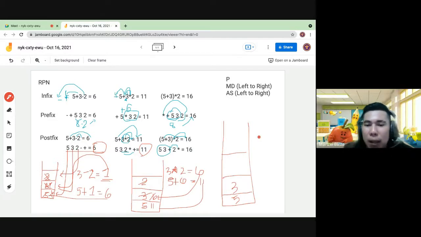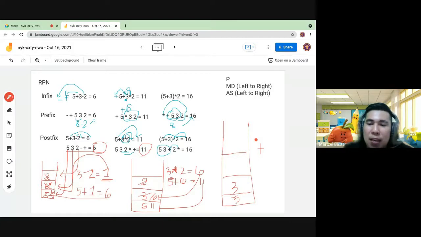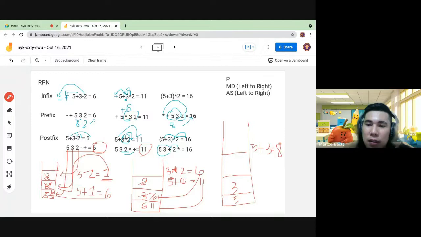Unsay next na basa? Plus, sir. Okay, plus. What will happen then? So 3 and 5. What's the result of 3 and 5? 8. So remove na ni siya, i-push nimo balik si 8, mahimo siyang 8 na lang ang value.